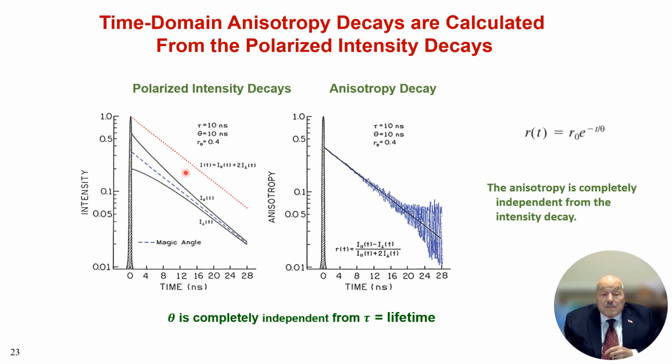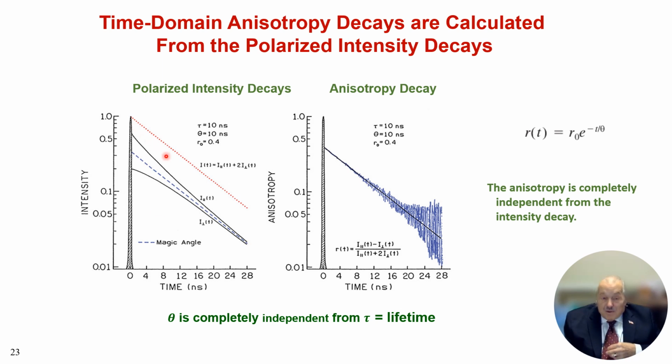If we look at the individual decays, we notice that the parallel decay seems to decay initially faster than the total decay, and the perpendicular decay decays more slowly than the total decay. The way this can be understood is if you're observing with vertical polarizers, the vertically polarized decay is decaying by two processes, the intrinsic decay of the fluorophore and by rotation out of the plane of observation.